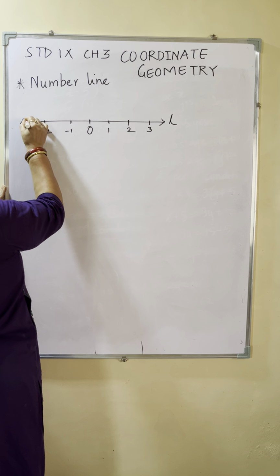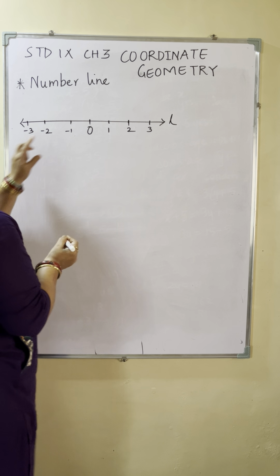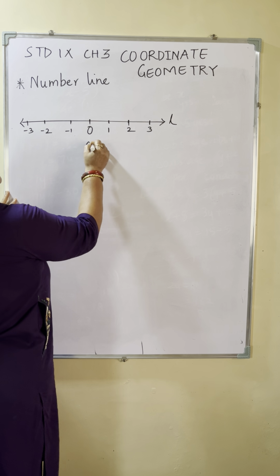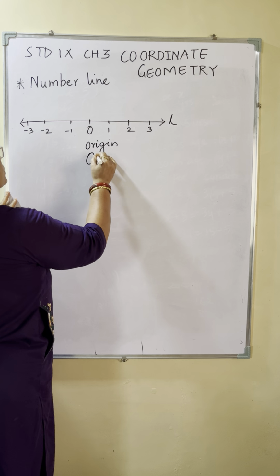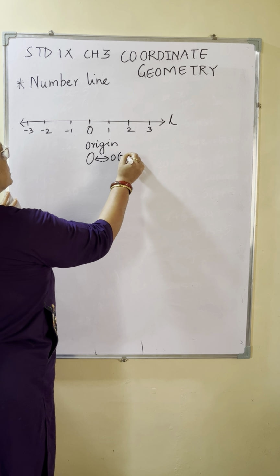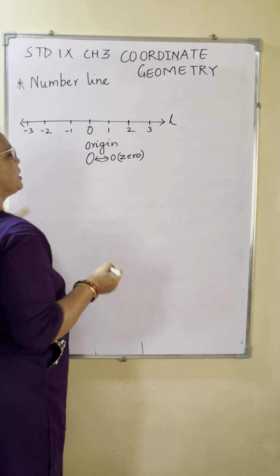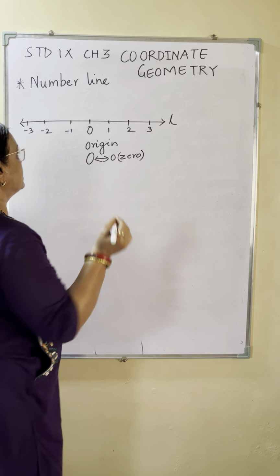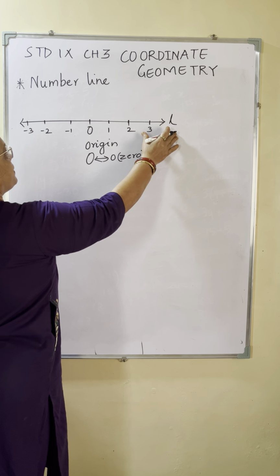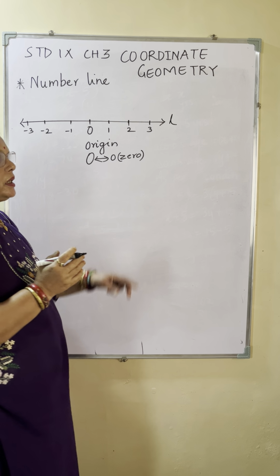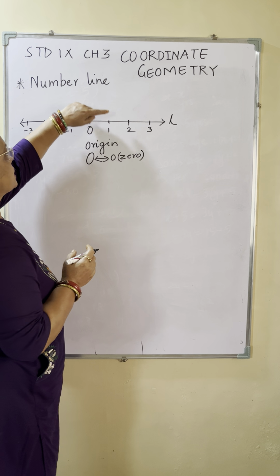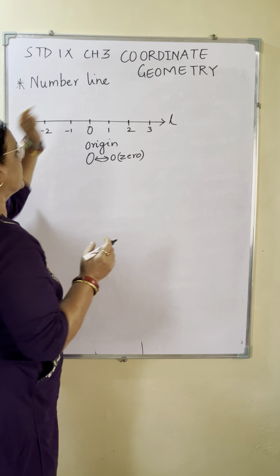Now you can see this is the origin. Origin O corresponds to 0. There is 1 correspondence between the point and the number. Right side we have got positive numbers, left side we have got negative numbers. Now on the number line there is 1-to-1 correspondence between the point and the number.